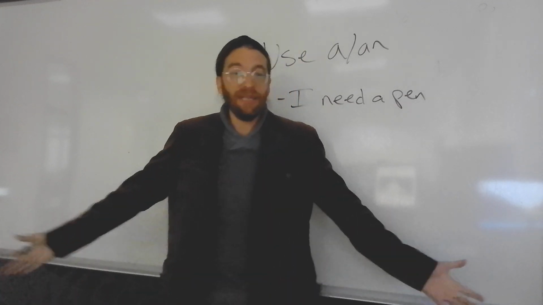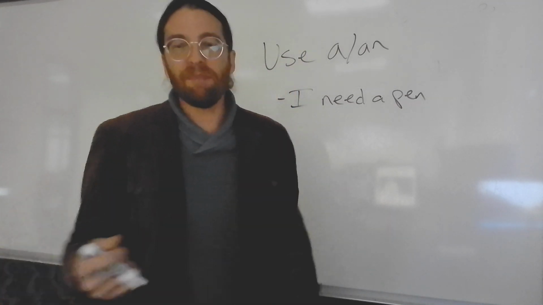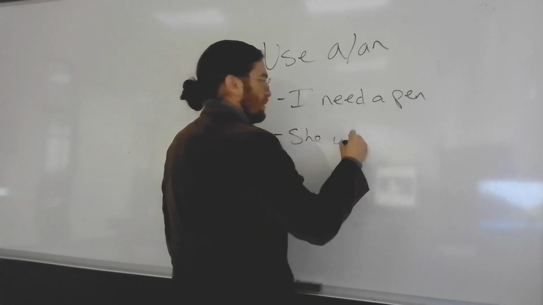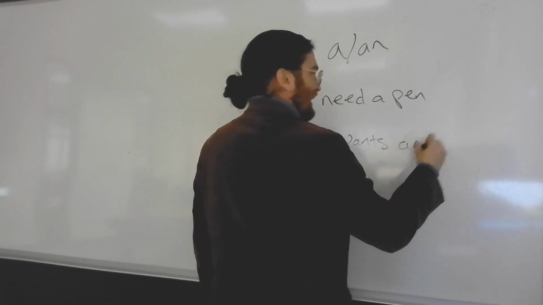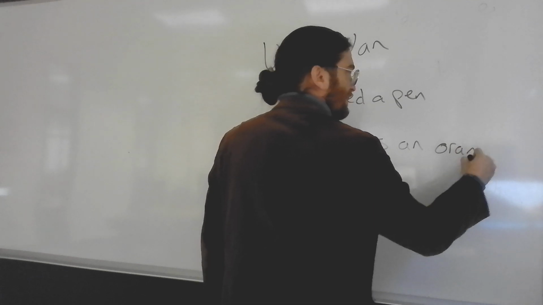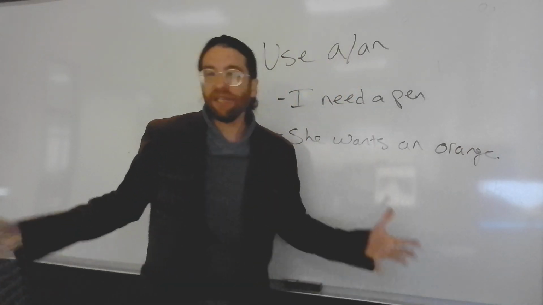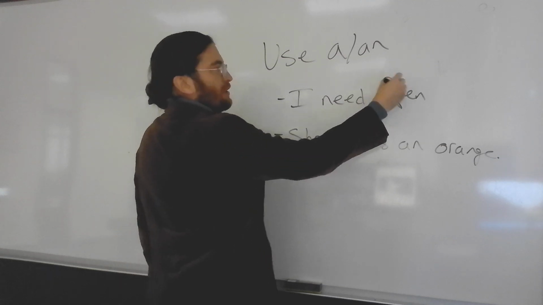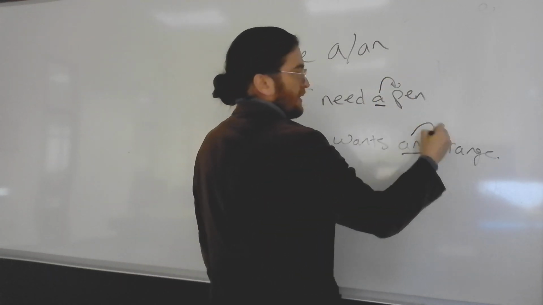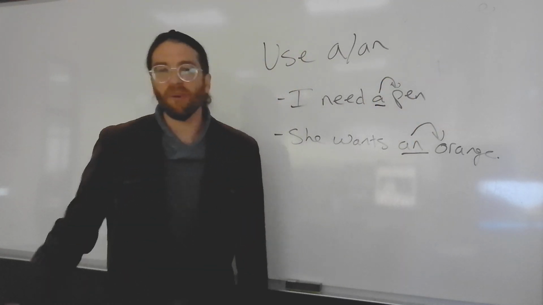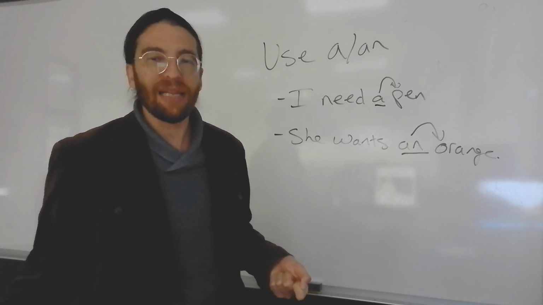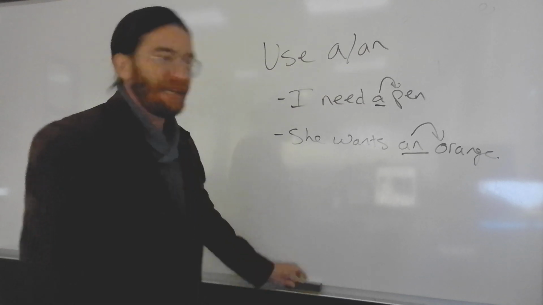It can be any pen. Any pen will do. Or she wants an orange. Any orange will do. Notice a before the consonant, an before the vowel. All right, that's when we use a or an.